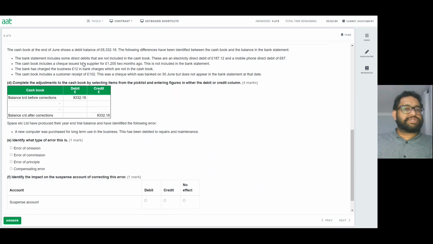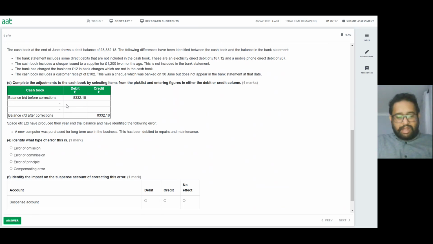The bank statement includes some direct debits which are not included in the cash book. There is an electricity direct debit of £187.12 and a mobile phone direct debit of £67. These need to be updated in my cash book. They're both payments, aren't they? If they're both payments, they have to be a credit entry in my bank account because money is going out.